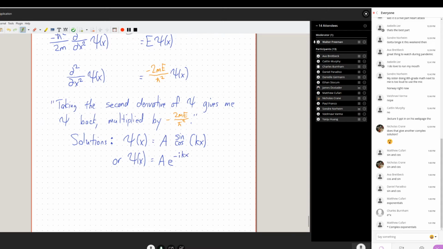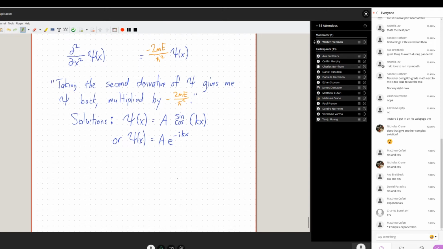Now, each derivative that I take is going to bring down a factor of k, right? So, as a sidebar, we need to ask what k is. Let me take the second derivative of a sine kx, which equals minus a k squared sine kx.